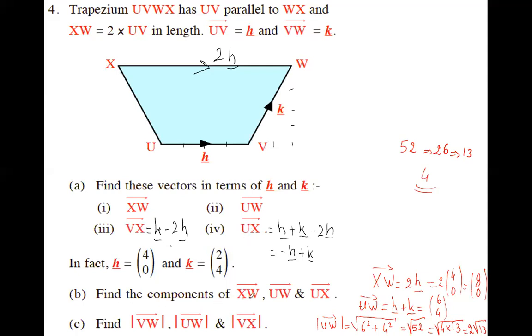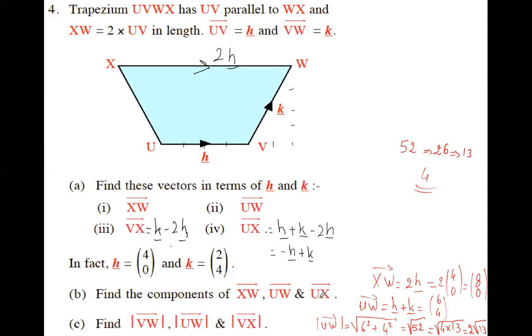Now they've asked us to find the component form of XW. So we said XW is 2h. So I just write 2 times (4, 0). So 2 times 4 is 8, 2 times 0 is 0. UW we said was, what was UW? h plus k. So 4 plus 2 is 6, 0 plus 4 is 4.